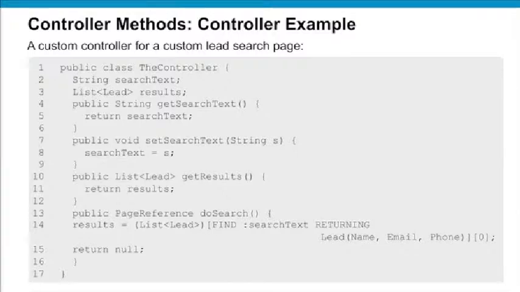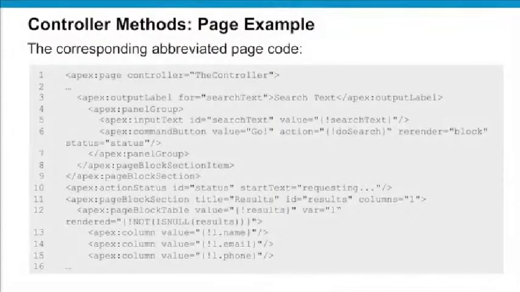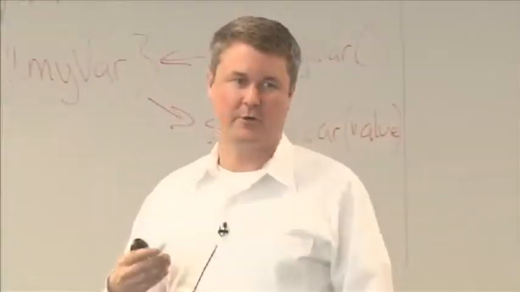All right, let's look back at our page. We clicked on the Go button, it performed the doSearch, and now it says rerender block. One of the things you'll notice on this page is that we're implementing a special educational programming technique.